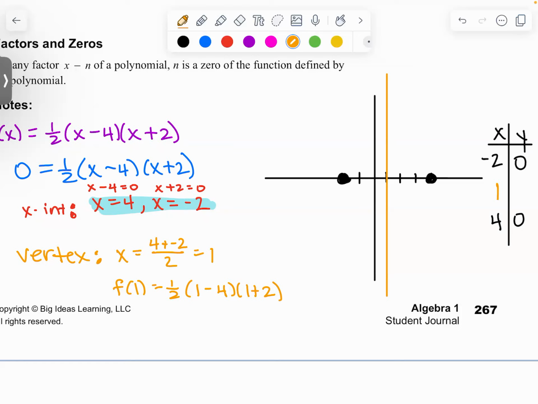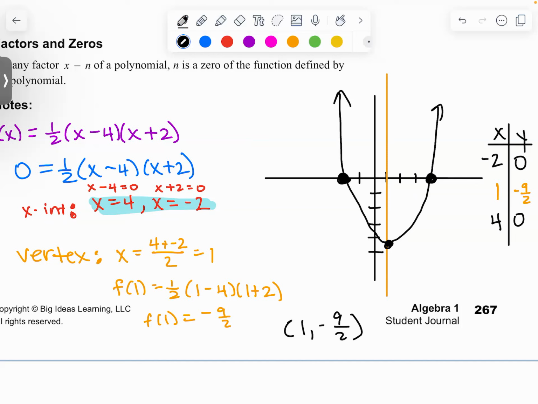So what is 3 times -3? -9 times 1/2. So -9/2. So our vertex is at 1, -9/2. Our intercepts are at -2 and 4. Boom, we have a parabola. We don't need any other coordinates.